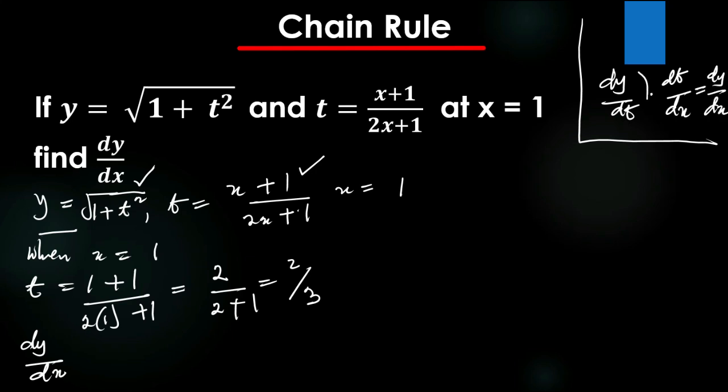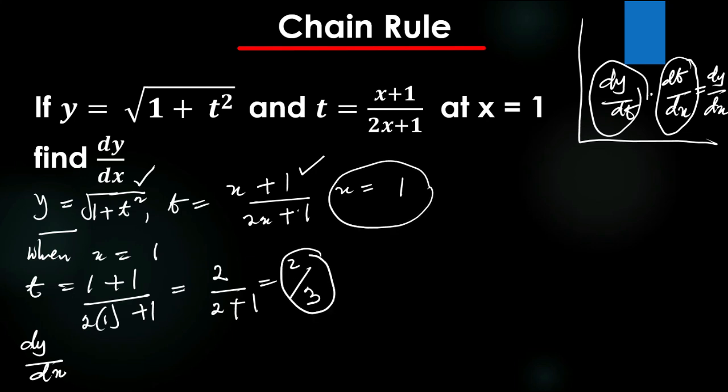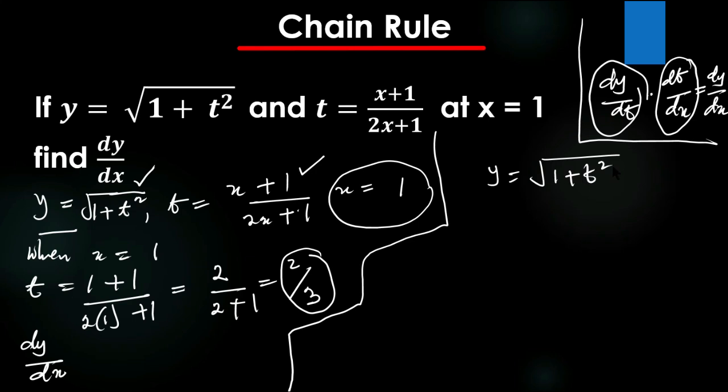So what am I going to look for? I am going to look for my dy/dt, and I'm also going to look for the value of dt/dx. Already we have the value of x, let's keep that, and also we have the value of t. So let's get started looking for dy/dt and dt/dx. Now my y is equal to the square root of 1 plus t squared.